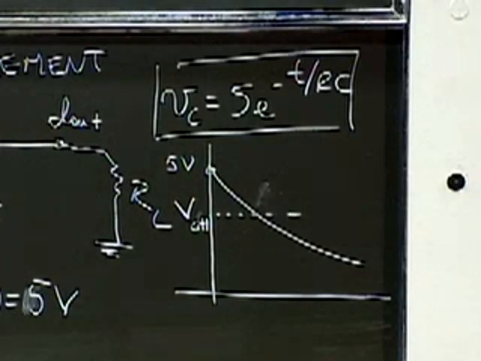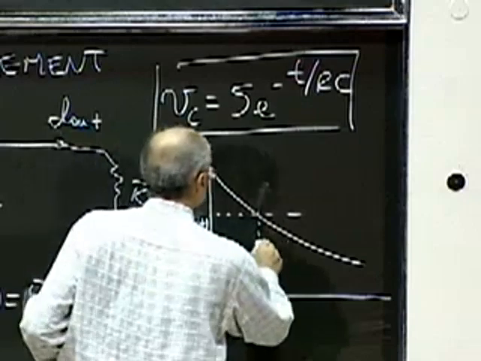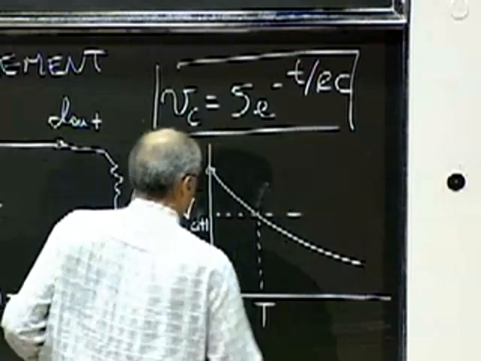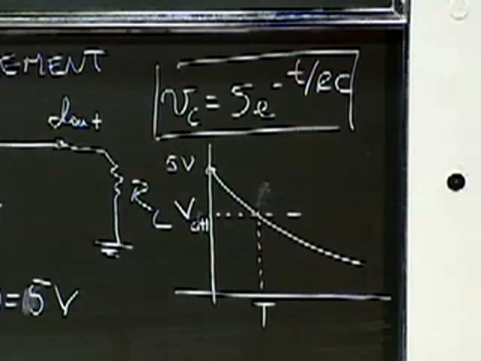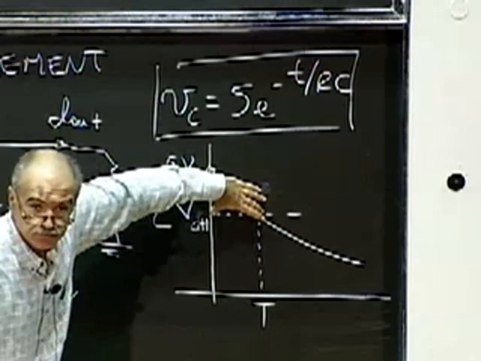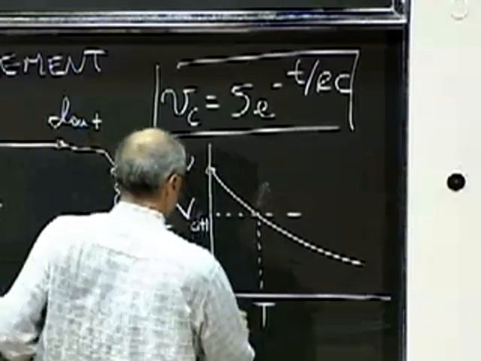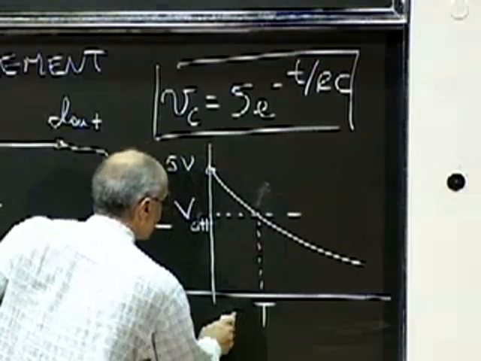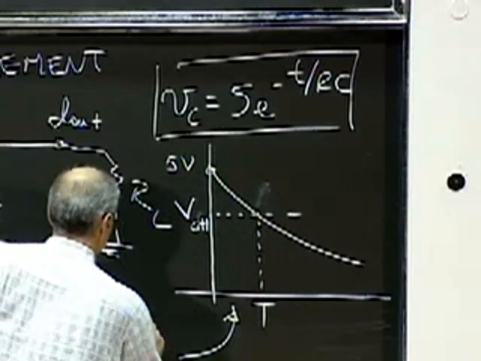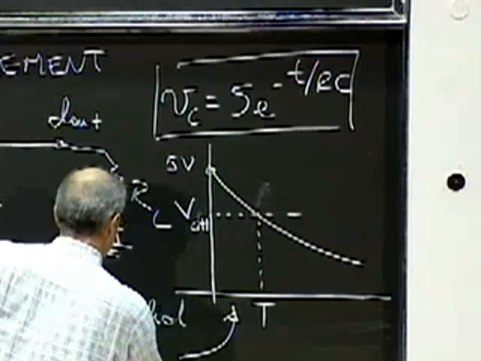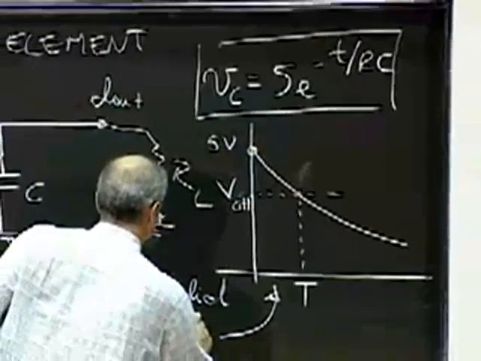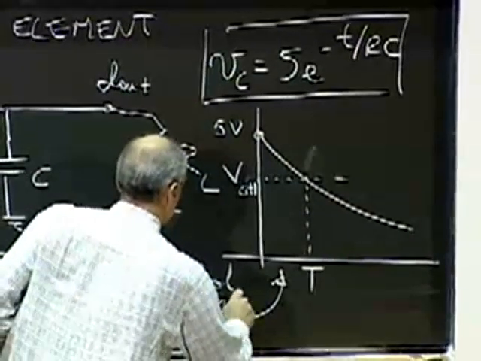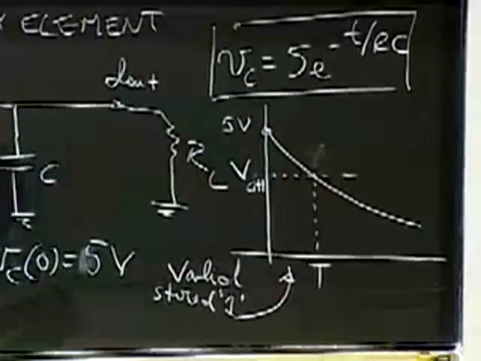So the only period in which I have a valid output, if the capacitor was storing a 1, is this period here. So this is the only period in which I have a valid stored 1.